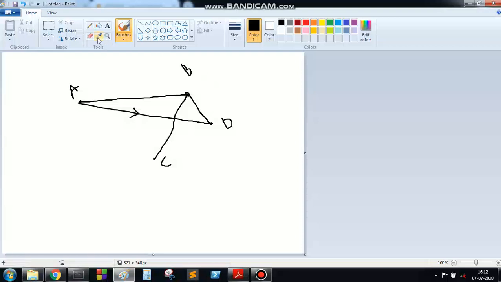For better understanding, I am removing this line because I need to make it compliant with a neural network. So I am deleting this. Suppose I am making a connection from here to here, and let me create another two nodes, namely E and F, and connect them here, and all are directed forward.